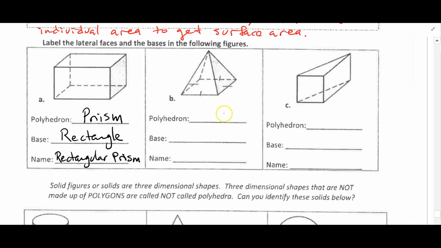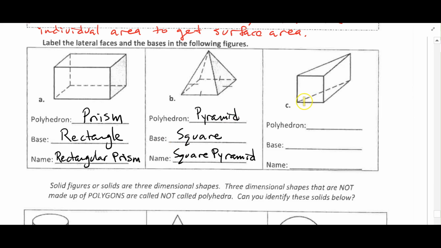This part B here is a pyramid, and this pyramid happens to have a base that's a square. Therefore, we would call this a square pyramid. Okay, so we name it based on the type of polyhedron it is and the shape of the base.